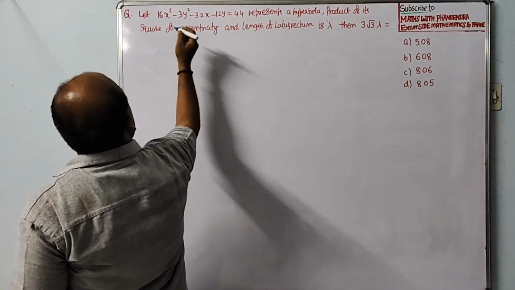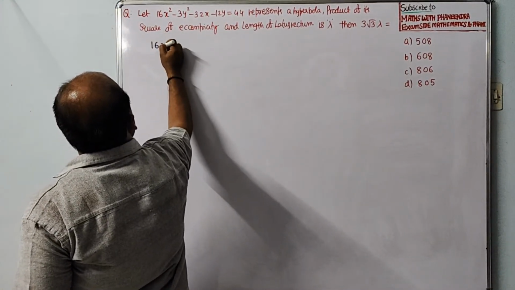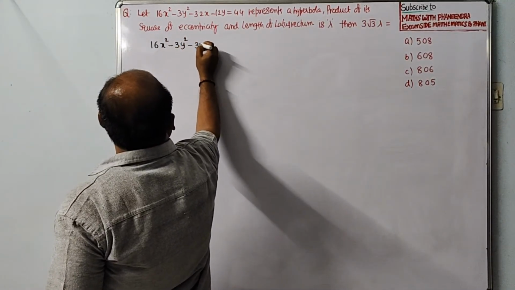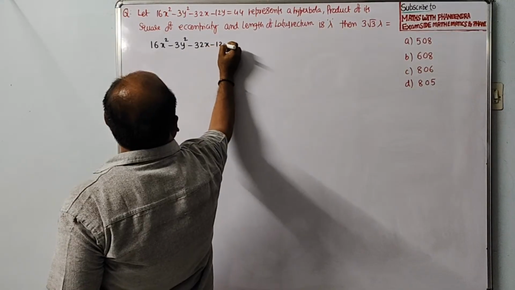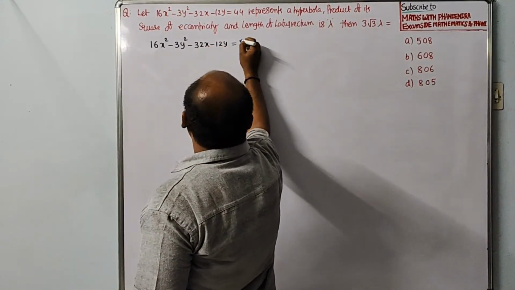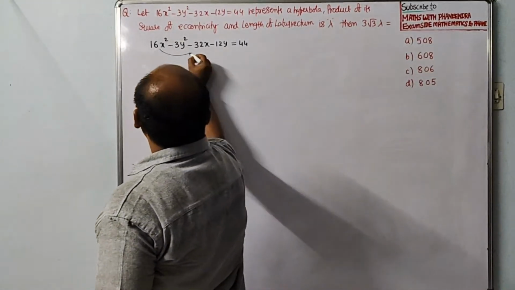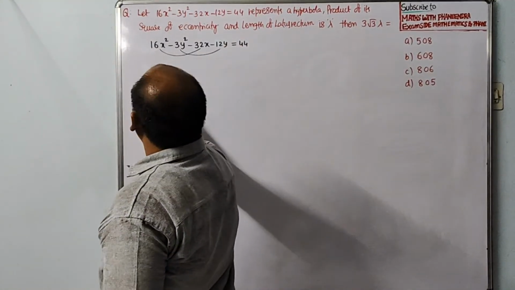The first equation represents a hyperbola. It is given: 16x² minus 3y² minus 32x minus 12y equal to 44. From the first two terms take out 16, from the next two take out minus 3.